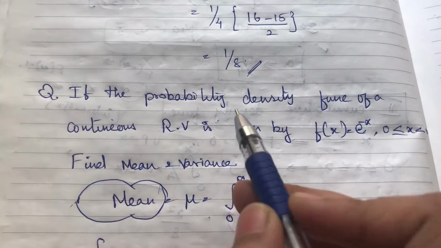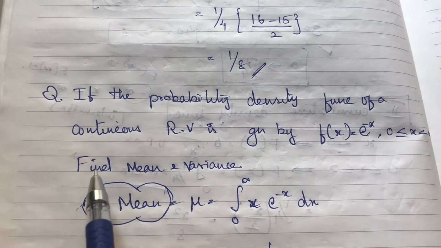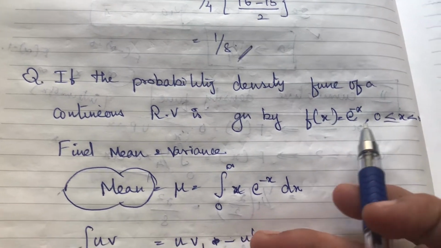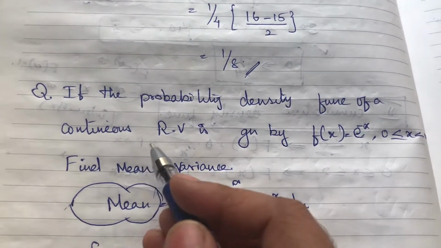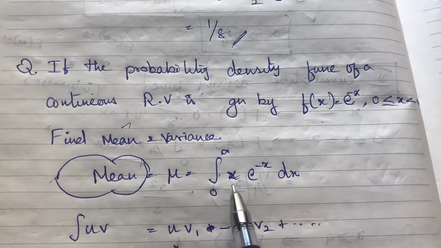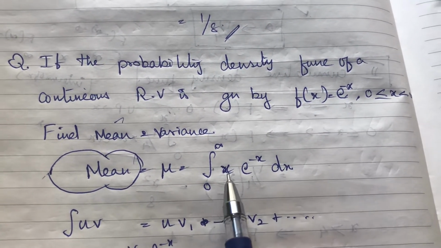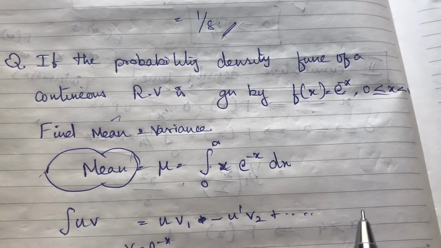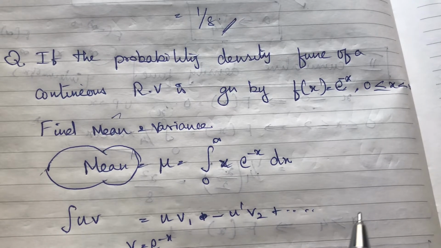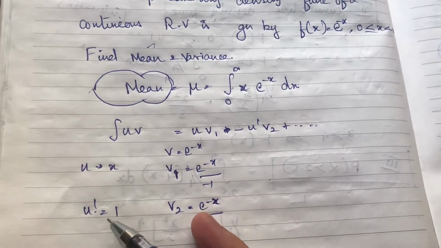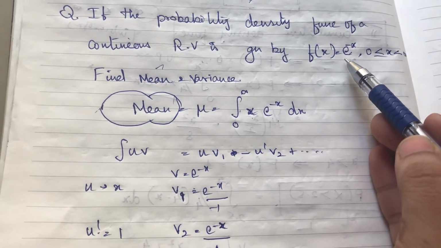Next one, if the probability density function of a continuous random variable is given by a function, they want us to find the mean and variance. Actually mean is x into f of x. Here, x into f of x, there is a formula like u v1 minus u dash v2 plus, likewise it will go on. So first find u and u dash. Here u is, what?